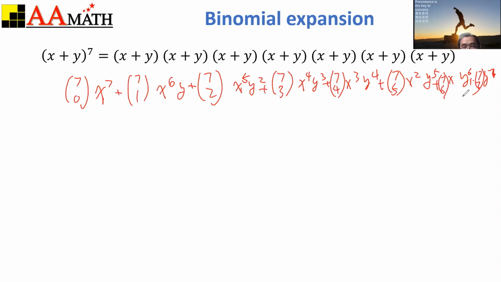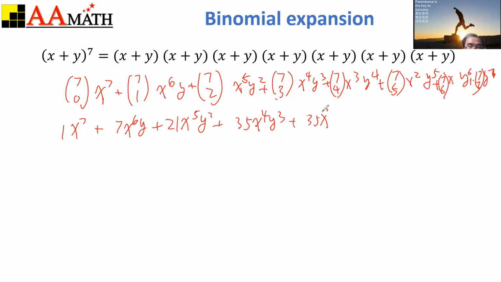Right? So now you just use the formula. This is going to be 1x to the power 7, plus 7x to the power 6 y, plus this one going to be, let's see, 7 times 6 divided by 2, 21x to the power 5 y squared, plus this one, I think 35x to the power 4 y to the power 3, plus this one actually has the same number, 35x to the power 3 y to the power 4, plus these actually have the same as here.